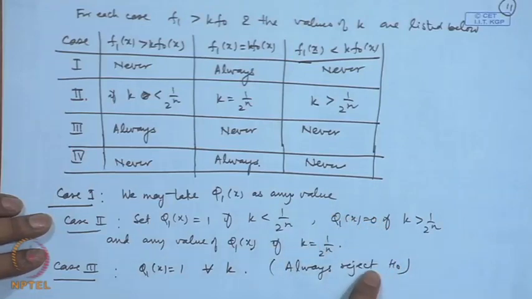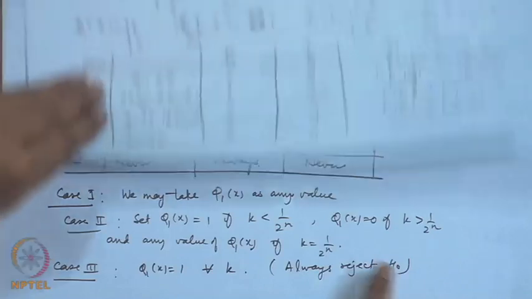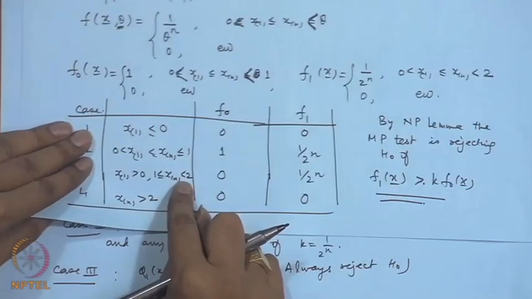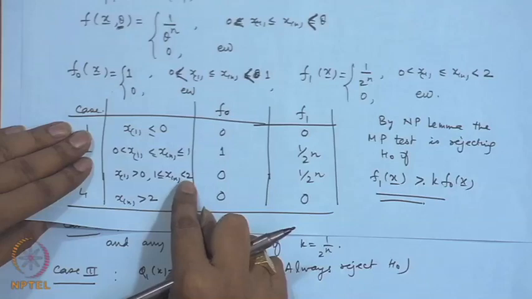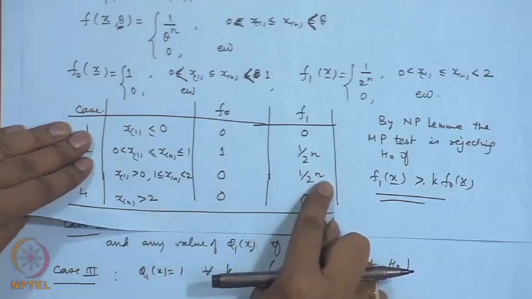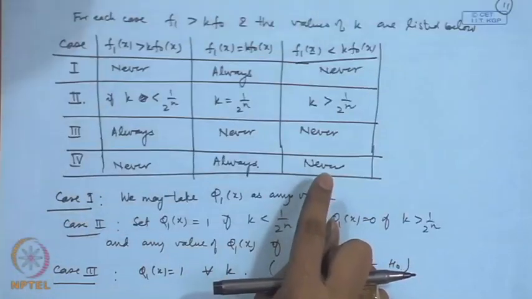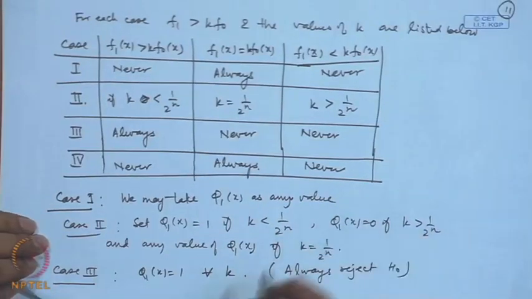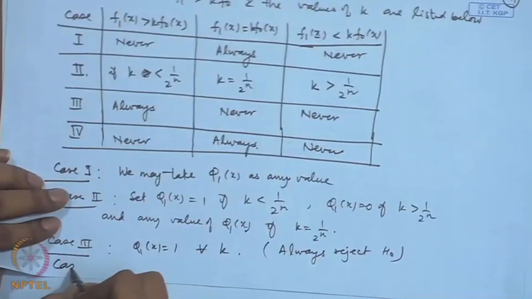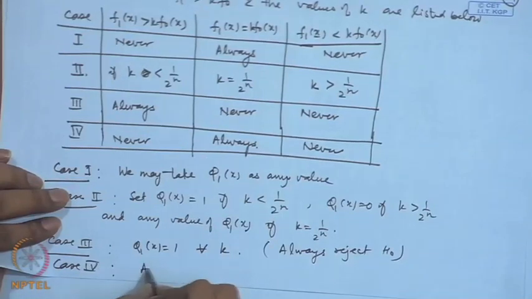Note here that these are also heuristic, because if we are getting the third case, that is x n is between 1 and 2, that means, naturally the observations are from the density uniform 0 to 2, otherwise observation cannot be greater than 1, and therefore, we should definitely reject H naught and accept H 1. And in the case 4, once again we may put any value of phi 1.